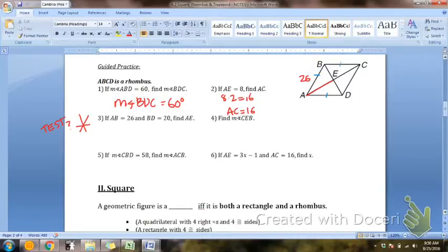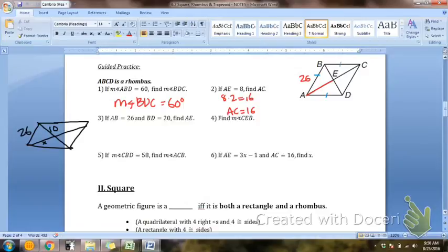And I'm going to draw a separate diagram over here so that we can see what we're doing. So I know that this is 26, and I know that this is 10. And I'm trying to figure out how much this section is.